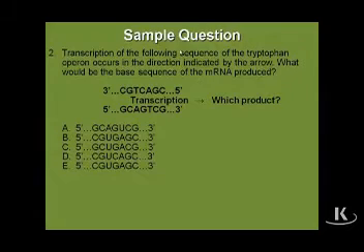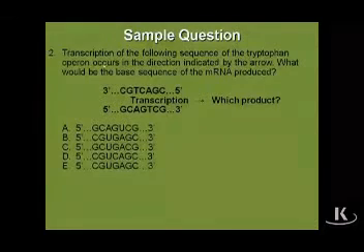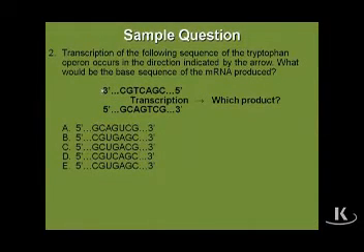So how are you going to approach this? Well, you know that if transcription's happening from left to right, the template strand is the strand that reads from 3 to 5 prime in the same direction that the transcription's happening. So in order to answer this, you need only read the template strand from 3 to 5 prime and put in complementary bases, but in the 5 to 3 prime direction.